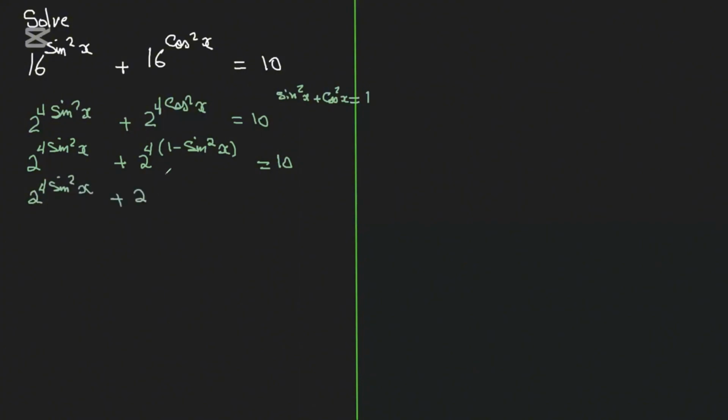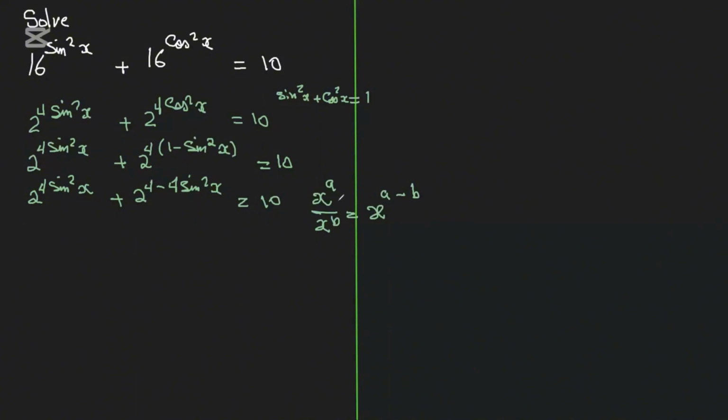But I will distribute the 4 into here, so I get 4 minus 4 sine squared x equals 10. Now we're going to use the exponent law, which is x to the power of a over x to the power of b equals x to the a minus b. And here basically the x is 2 and a is 4 and the b is 4 sine squared x.